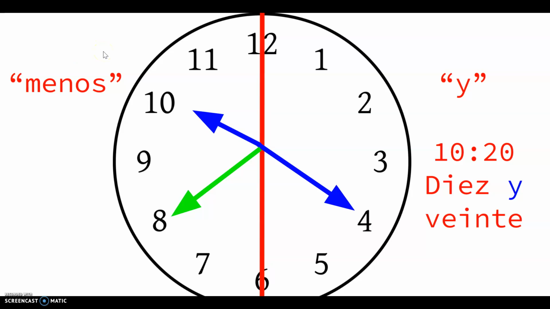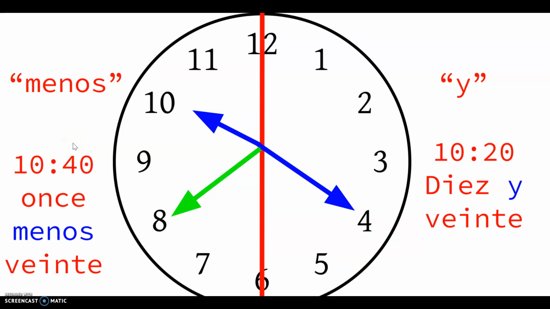So for 10:40, instead of saying a las 10, we round up to the next hour, which is 11, and we say a las 11 menos 20, which is saying it's 20 minutes until 11, or 11 minus 20 minutes. It's just like saying 20 till.